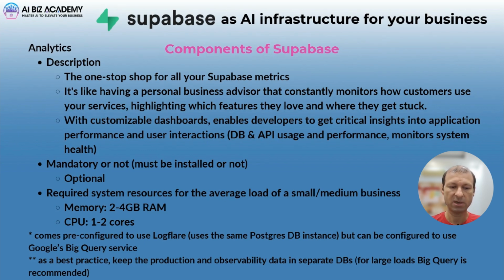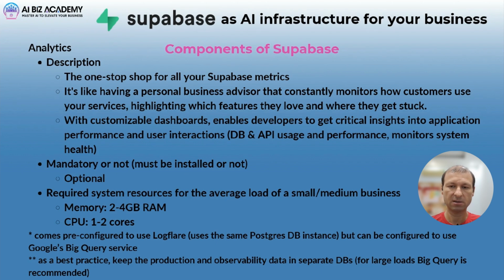Now, I have to mention here 2 things. Analytics comes pre-configured with Logflare. Logflare is the system that actually stores the logs. The default Supabase configuration comes by using Logflare with its same Postgres DB instance.